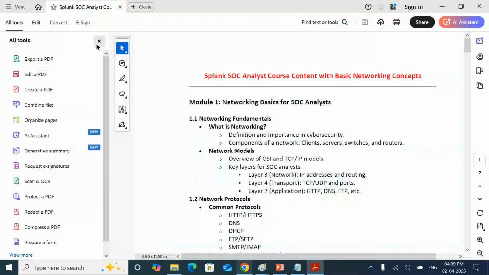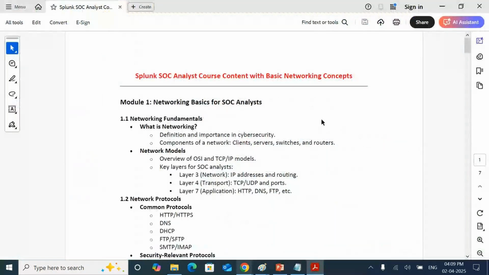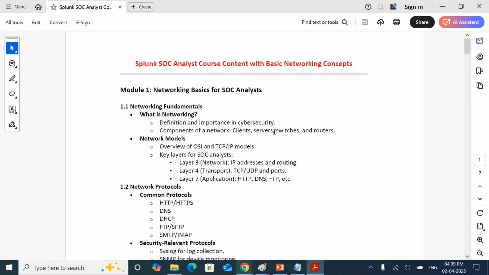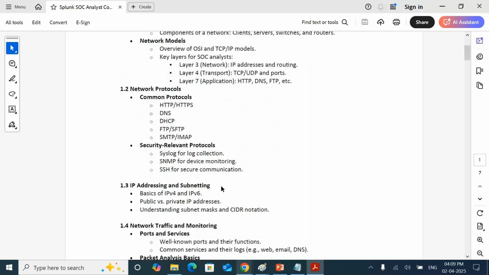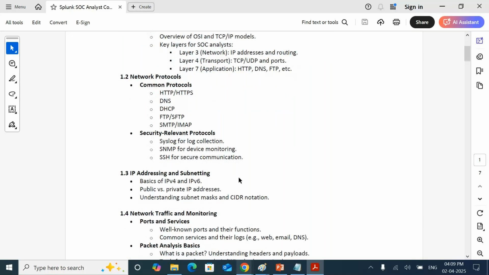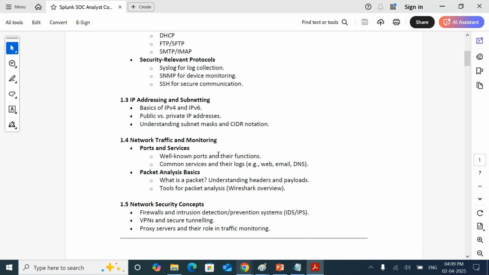If you observe, we are going to cover basic network concepts like network basics of SOC, network fundamentals, network protocols, IP addressing and subnetting, network traffic and monitoring, and network security concepts.